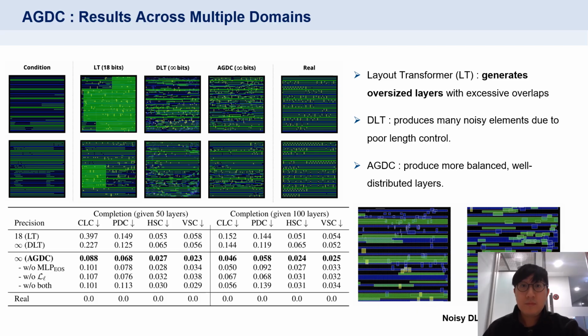Also, quantitatively, our AGDC outperforms both baselines in all four design rule check-based metrics. Our ablation studies also confirm that both key components, the EOS logit adjustment and length regularization, contribute meaningfully to the performance.